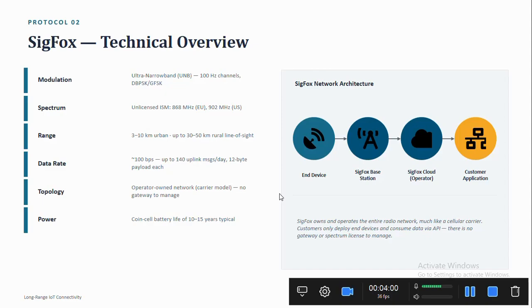Sigfox owns and operates the entire radio network, much like a cellular carrier. And here the customers only deploy end devices and consume data via APIs, and there is no gateway or spectrum licensing to manage.